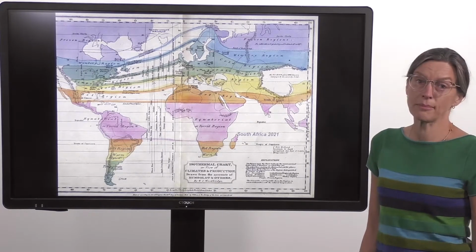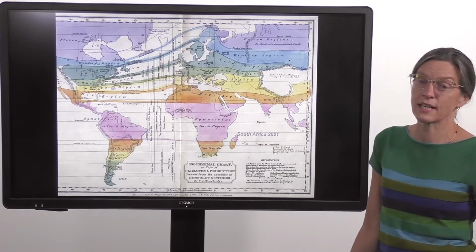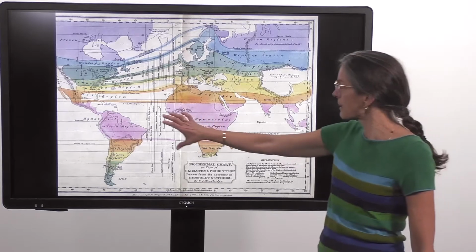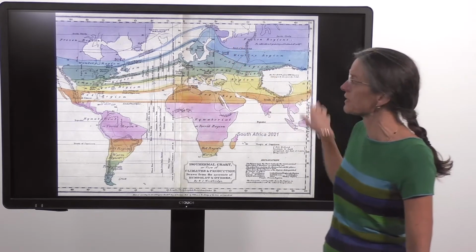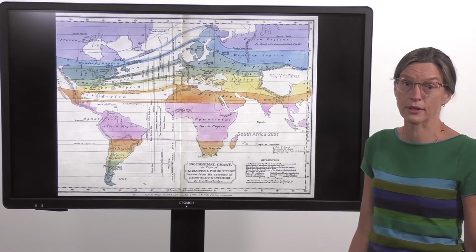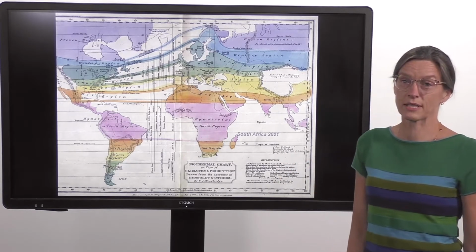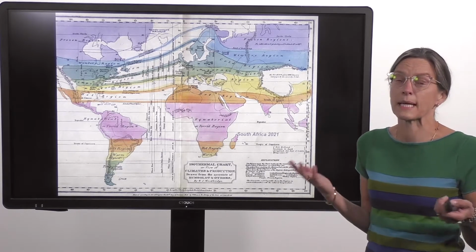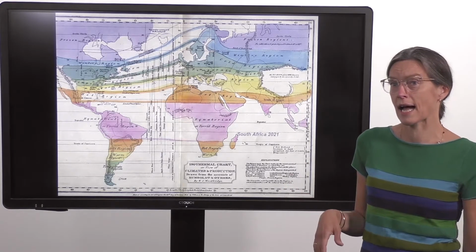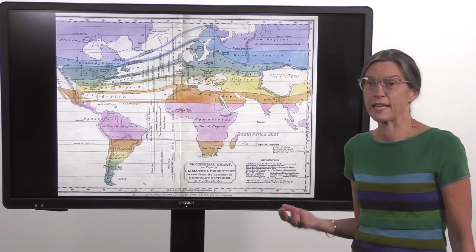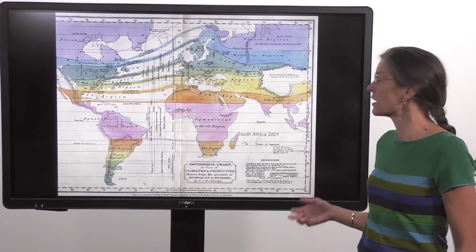Humboldt invented isoclines, these lines that he was drawing across the maps to illustrate how you can have similar kinds of climates in quite different regions, and also how these regions don't necessarily follow strict north to south lines. And while the names that we use for these zones are different now, the basic patterns and the underlying processes that he described, how temperature and precipitation vary along gradients from north to south and from mountains to lowlands, those are the same.